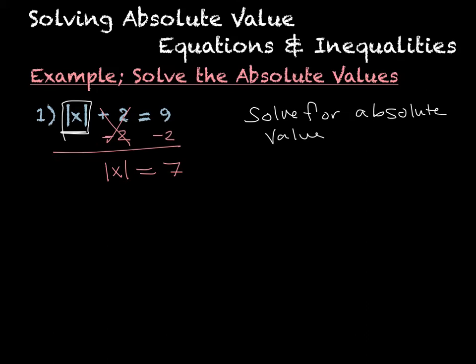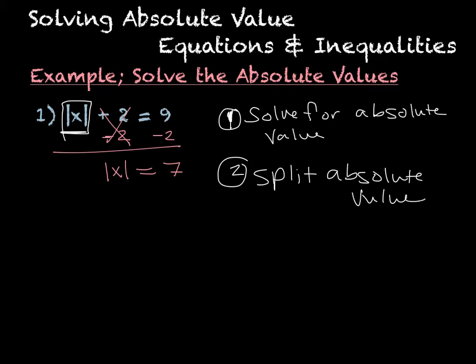Now, when you have absolute values, so this is step 1. Step 2 is to split the absolute value. What I mean by that is you split it into x equals a positive 7 or x equals a negative 7.